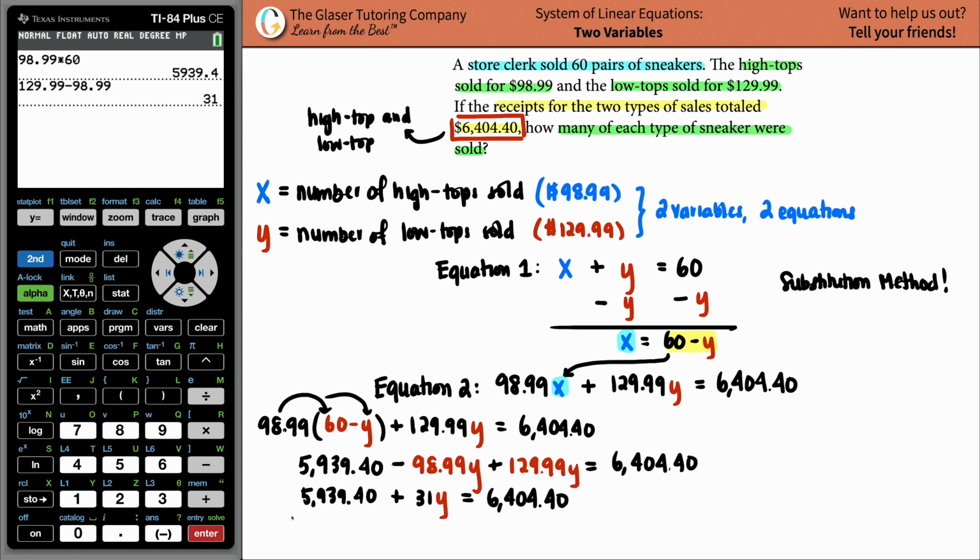And that equals $6,404.40. Now, you want to get just the y on one side, so we're going to subtract 5,939.40. I don't have any room here, so I'm just going to go to the next line. So we got 31y equals, let's see, maybe I could do this. So this would be 0, right? And this is a 9.